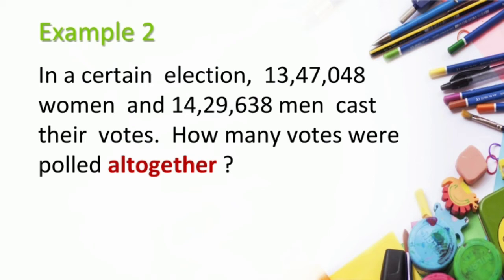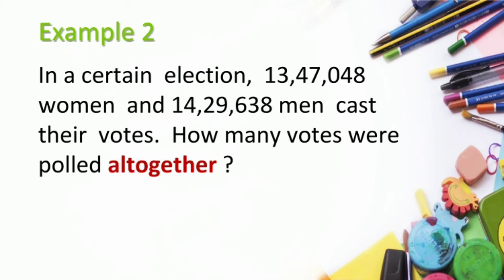Example number 2. In a certain election, 13,47,048 women and 14,29,638 men cast their votes. How many votes were polled altogether? So the first sentence gives us the information.